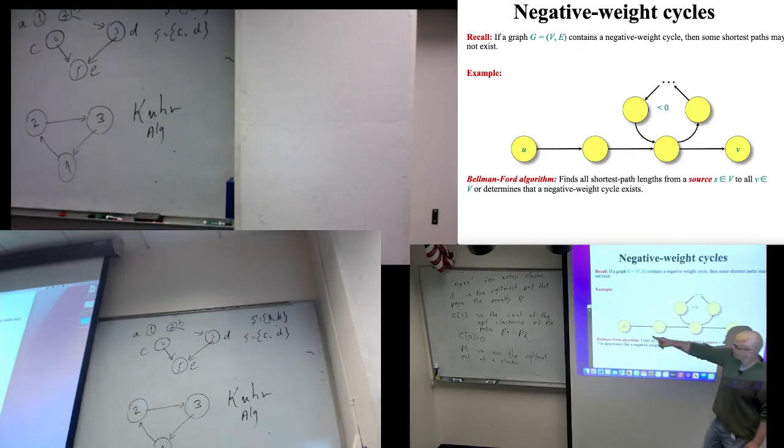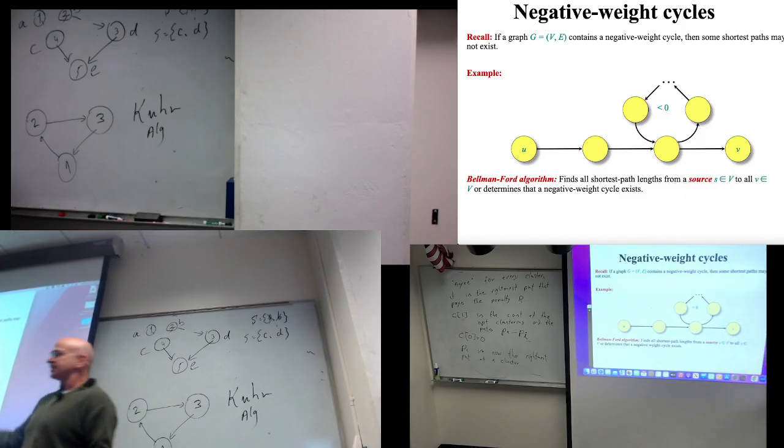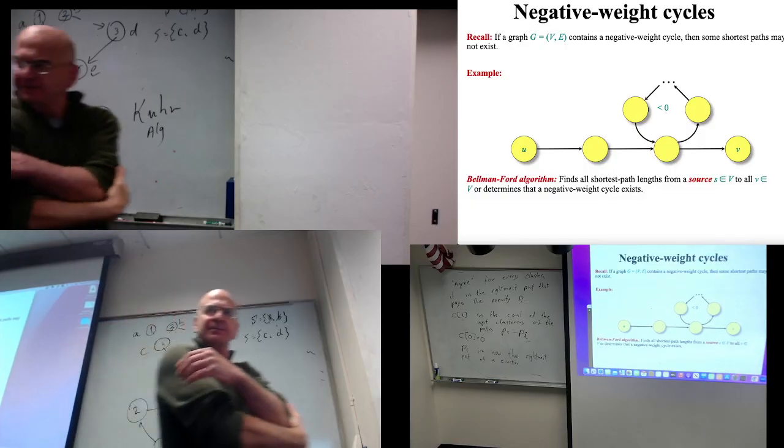It will consist of going from U to this guy, then going around the cycle. On this part, you have to pay for the path, so you want to minimize it, but along this part, you're being paid. So if you go over it again, you'll be paid again. Go over it again, you'll be paid more and more and more. So the question of what is the distance from U to V doesn't make any sense.